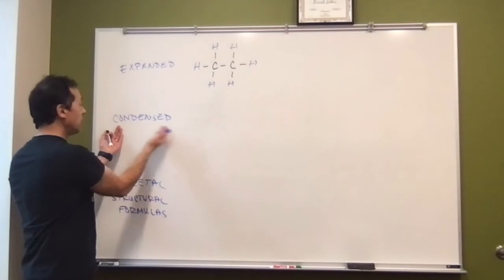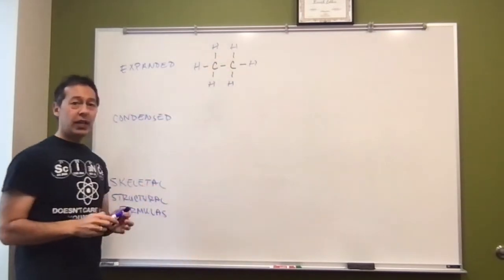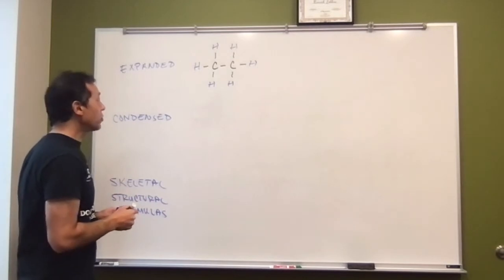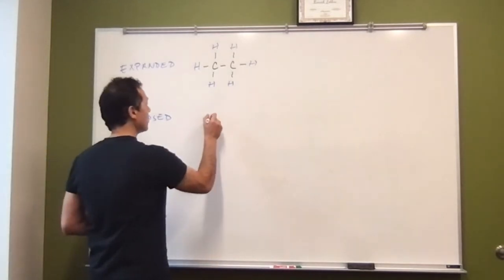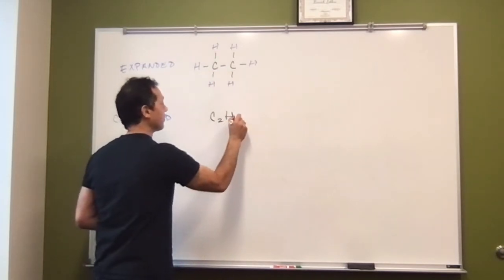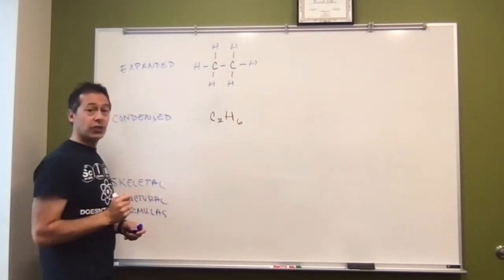And if we're going to condense this, we would take those bonds away and we would write what you might think of as the chemical formula. So for this one here, this would be C2H6. 2 carbons and 6 hydrogens.